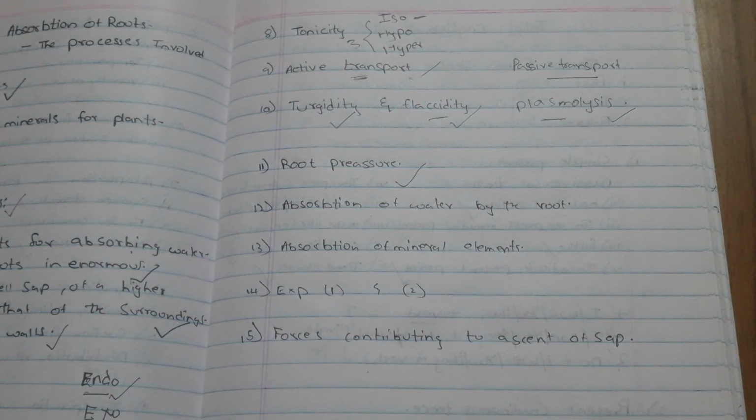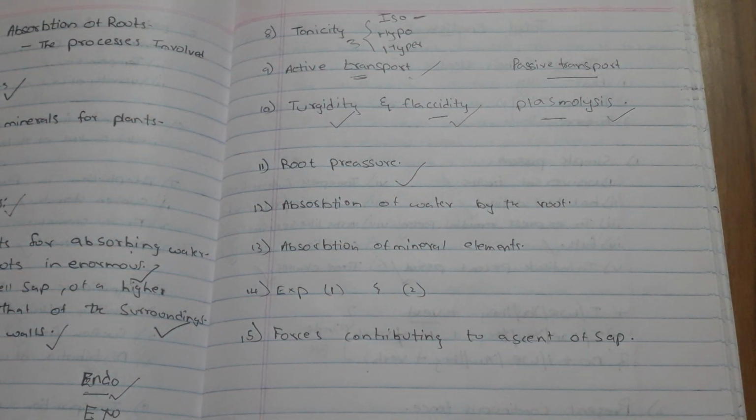Now moving to absorption of water by the roots. What is the use of absorption of water by the roots? The roots not only absorb water but also absorb minerals and salts along with the water. This process happens through root hairs.